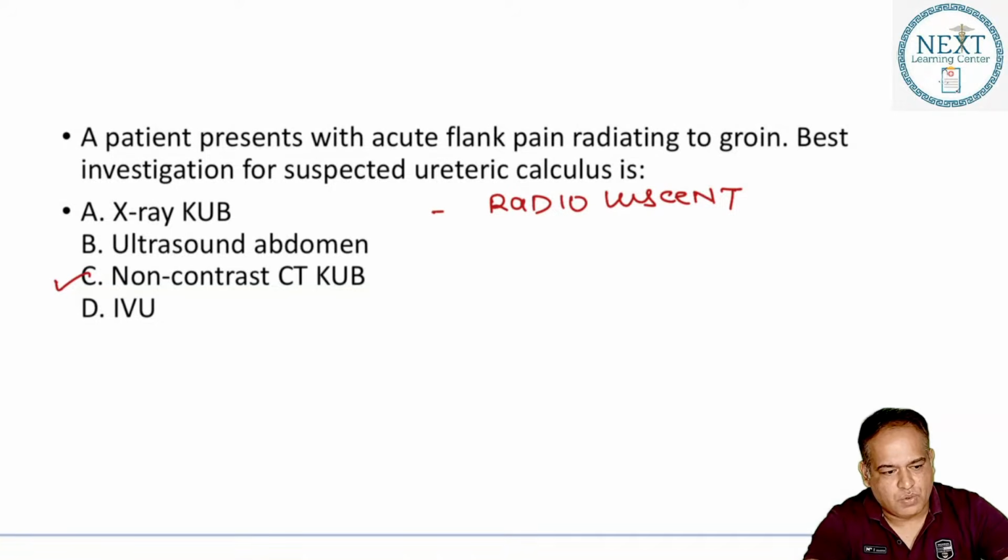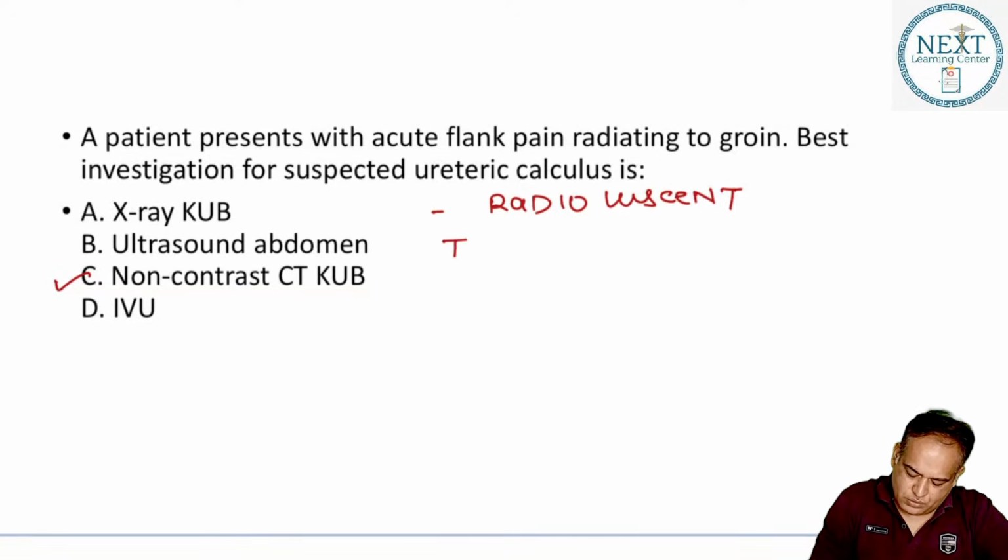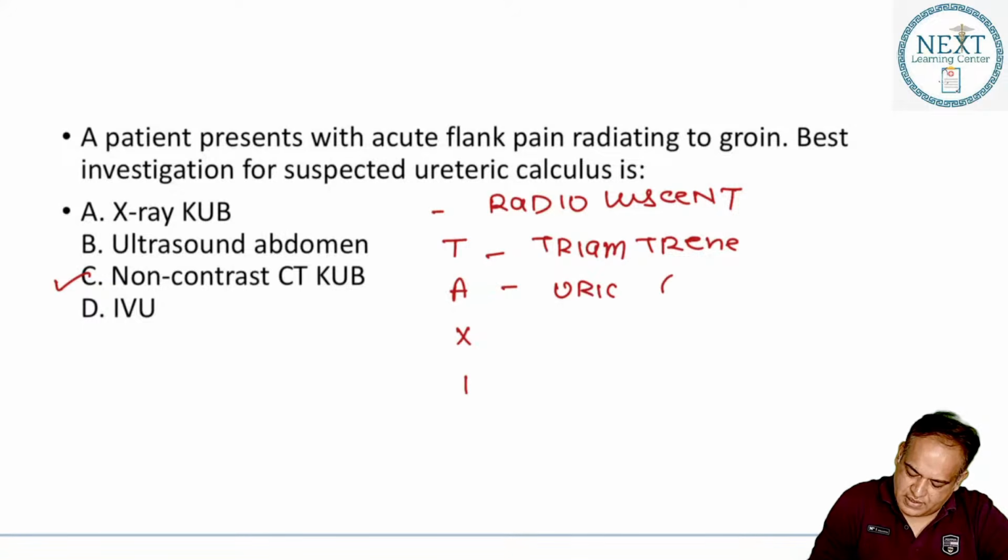Now, remember, some of the stones are radiolucent. Right? So what is the mnemonic for those kinds of stones? TAXI. Fine. T is for triamterene. A is for acid, which acid? Uric acid. X is for xanthine.